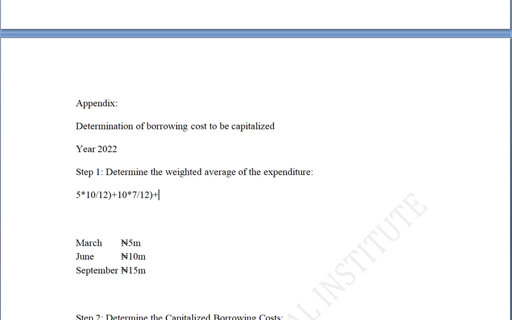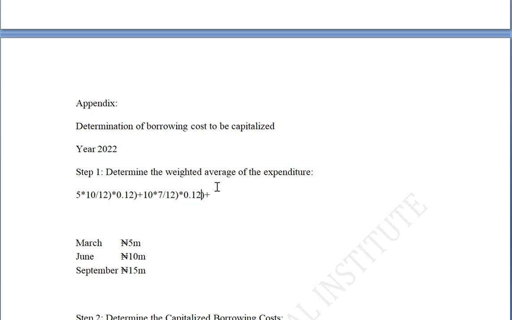The other time I was trying to explain to you that you can do it this way, or you can just do it directly for exam purposes. All of this multiplied by the general borrowing rate, which is 12%. I can still remember, yes. Multiply by 0.12. You can do it this way, and whatever answer you have will be the borrowing cost directly.